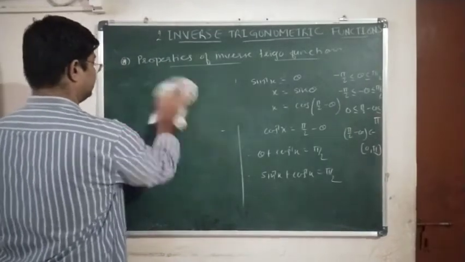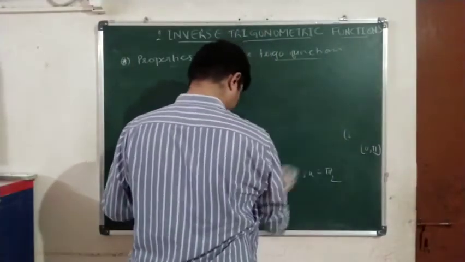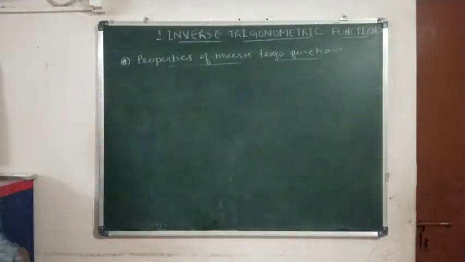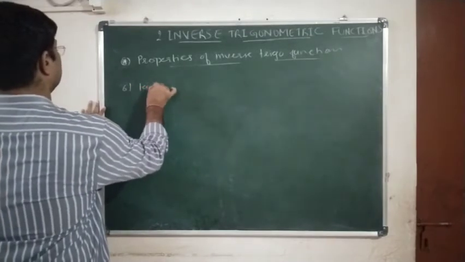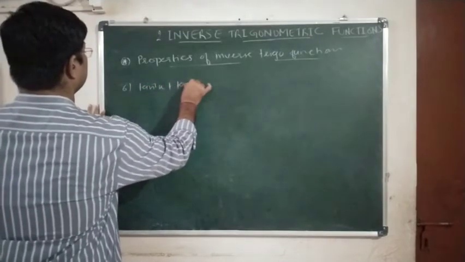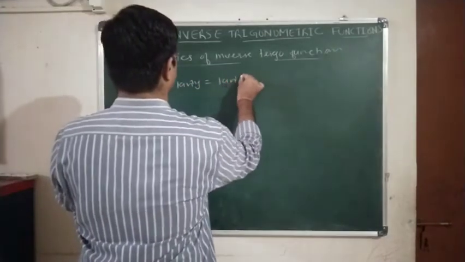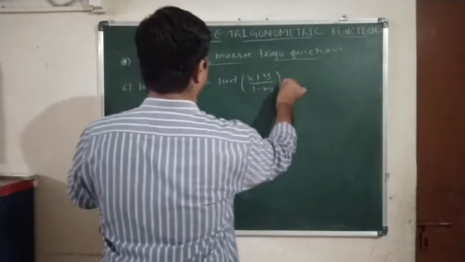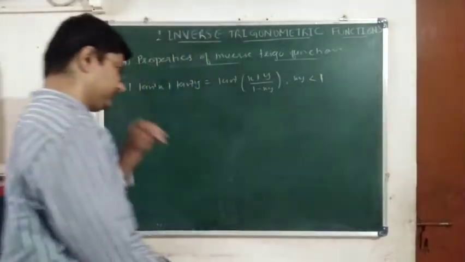Okay, now next property, property number 6. Tan inverse x plus tan inverse y is equal to tan inverse of x plus y upon 1 minus xy, for xy less than 1.